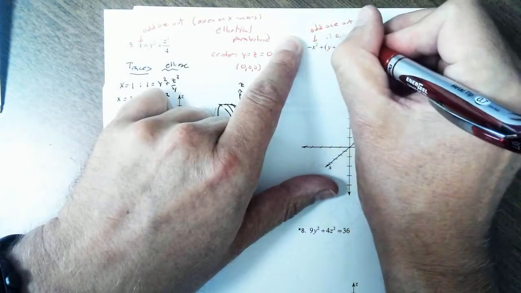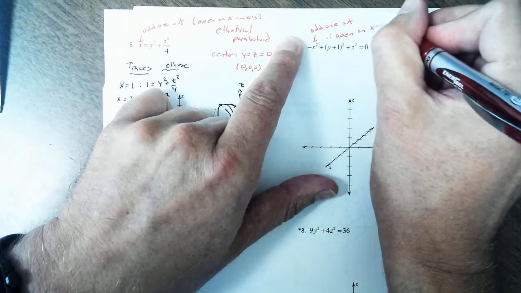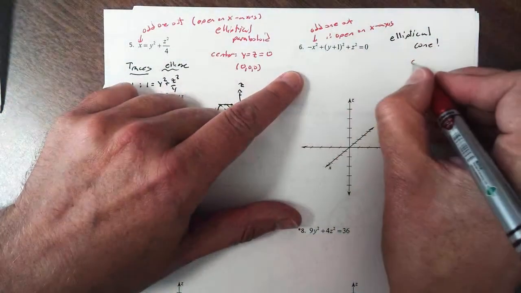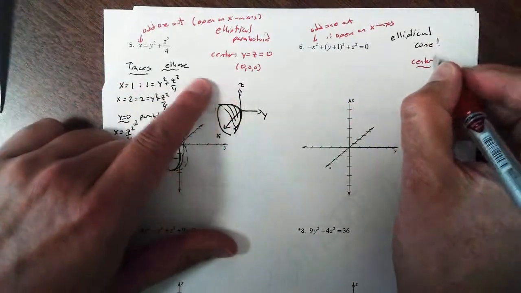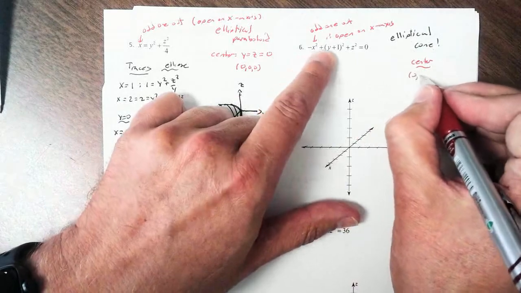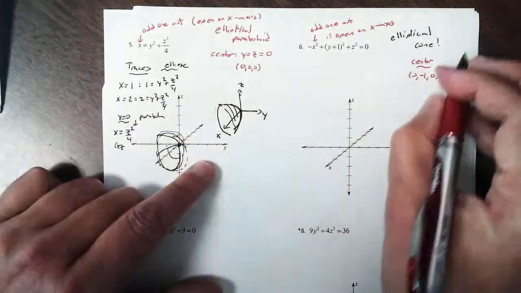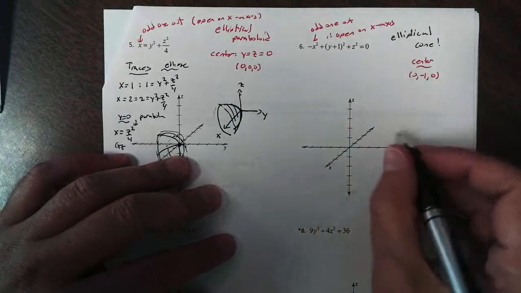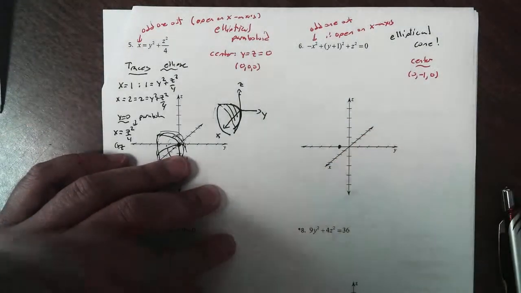Therefore, this will open on the x-axis right there. So I need to get my center, just like we did here. That's easy enough to do. It's just like drawing a circle, right? So it's going to be 0, -1, 0. So I'm going to go to -1 on the y, and 0 on the x. So there's my center right there.